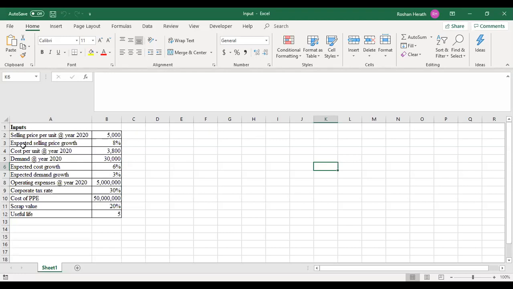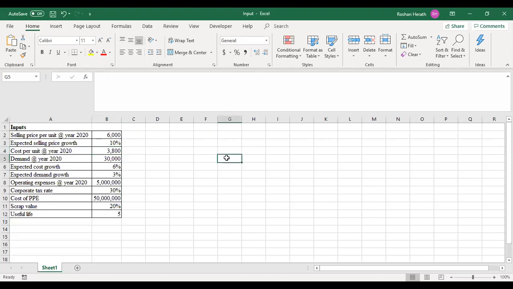So we have taken these inputs and stored them, and the user can change the input over here. Let's change some input and see whether it reflects in the output. We are familiar with the basic model, so I'm changing a few figures. We must tell them that we need to save this workbook separately.